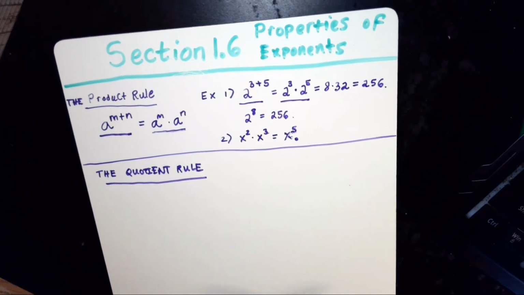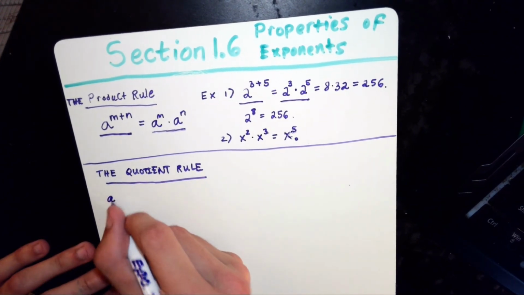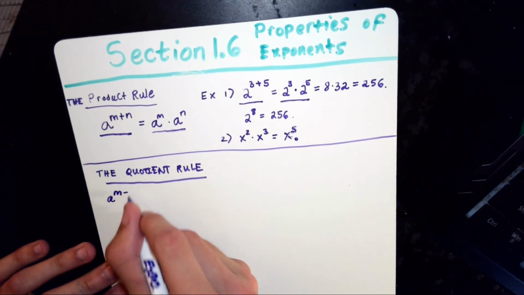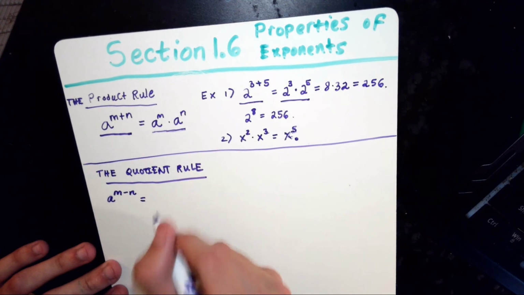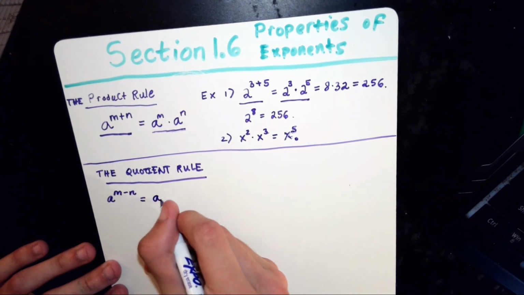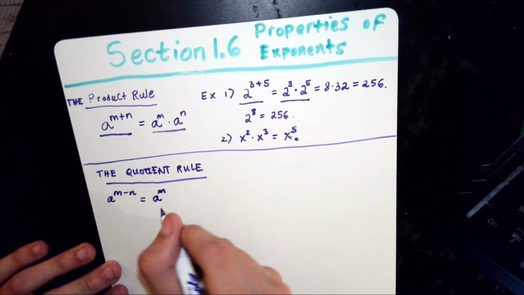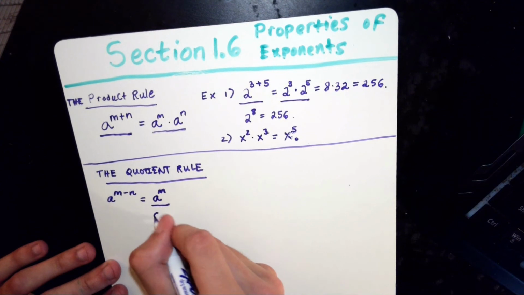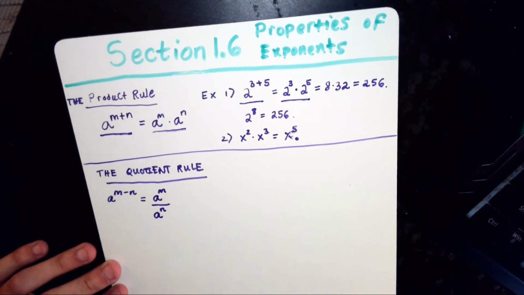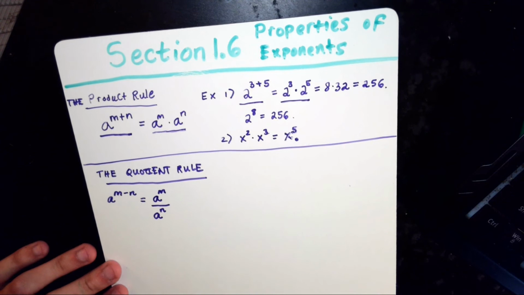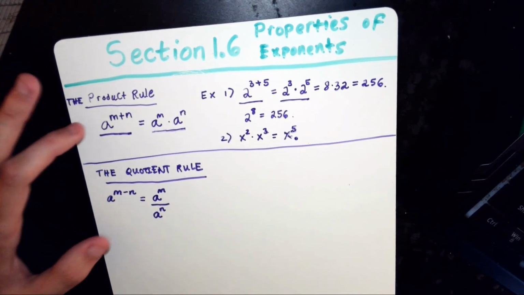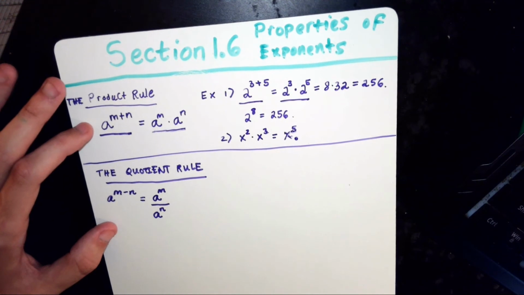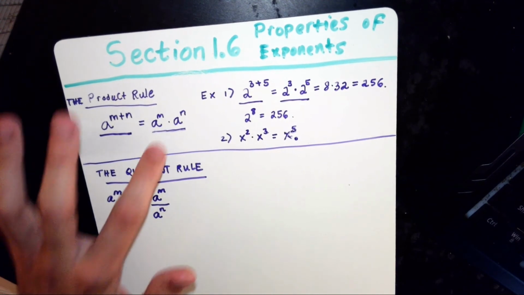It says that a to the m minus n is equal to a to the m over a to the n. So let's try to summarize what both of these rules are saying really quick.